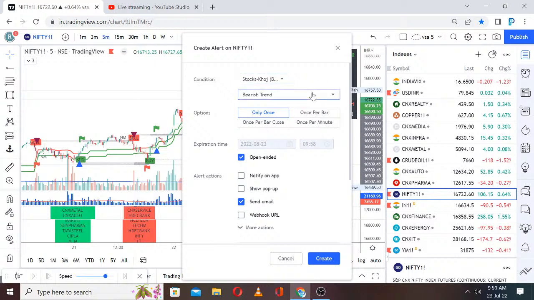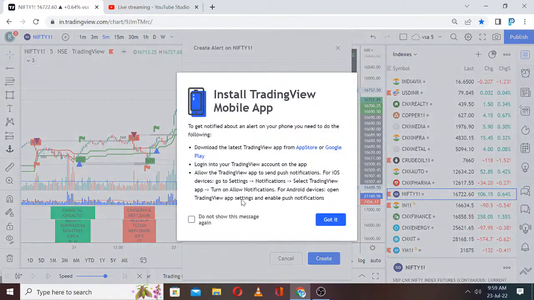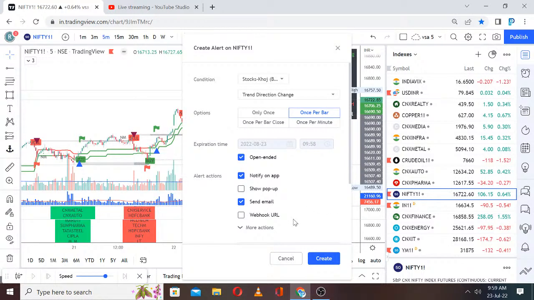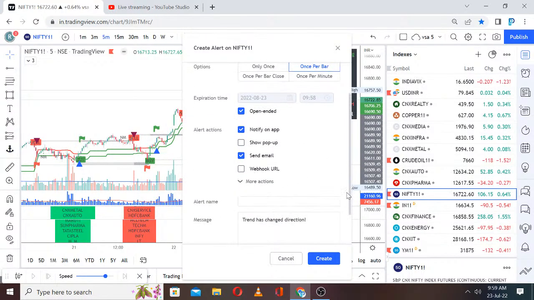Then you have to select trend change direction. So this will give you both buy and sell, not only one direction. You have to select once per bar or once per bar close. Then you can select email, notify on app. So here, Nifty futures, then create. This is how to create an alert on Nifty.